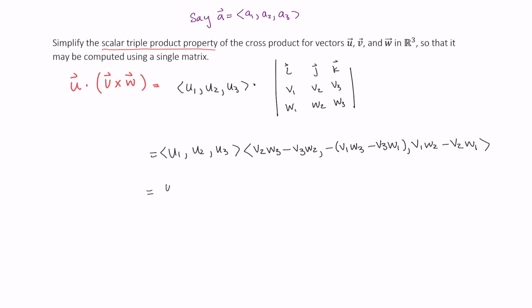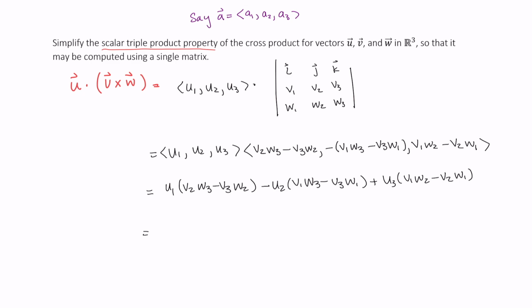Okay, so this is u1 times v2w3 minus v3w2. Now, I have a negative in front here, so I have positive u2 times a negative, so this is negative u2 times v1w3 minus v3w1. Finally, plus u3 times v1w2 minus v2w1.